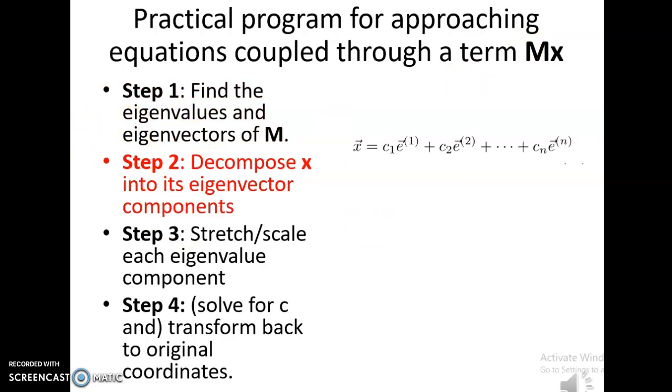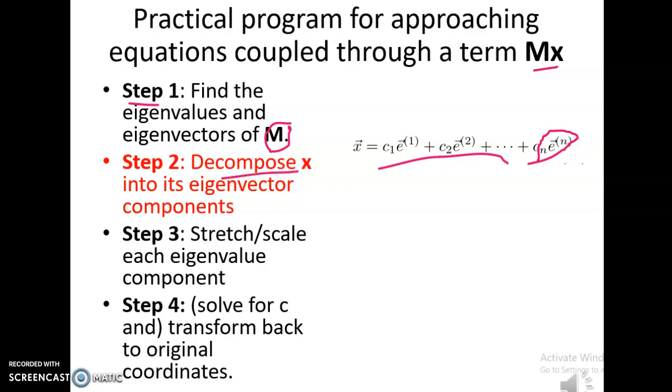Practical program for approaching equations coupled through a term Mx. Step 1, find the eigenvalues and eigenvectors of M. x vector equal to C1 e power lambda 1 t e vector 1 plus C2 e power lambda 2 t e vector 2 plus up to Cn e power lambda n t e vector n.